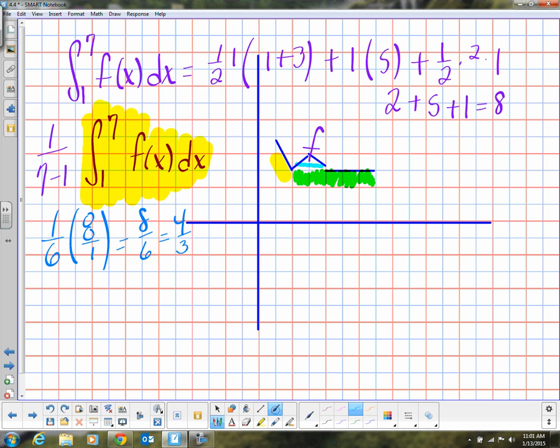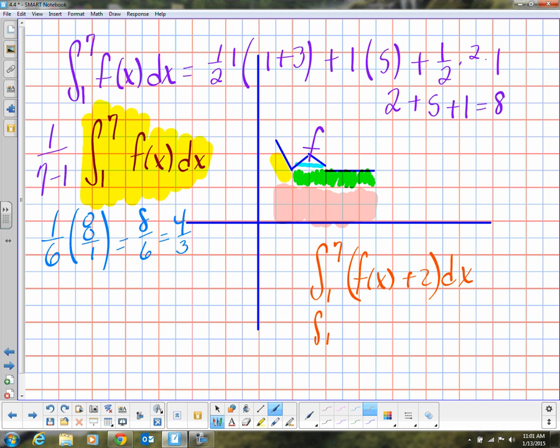What was added, basically? This stuff below, correct? So how much has been added? The integral from 1 to 7. Now this is f of x plus 2. Is that how we translate 2 units up?